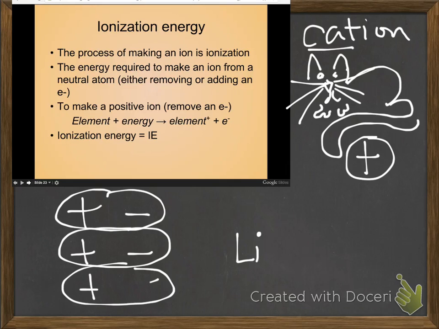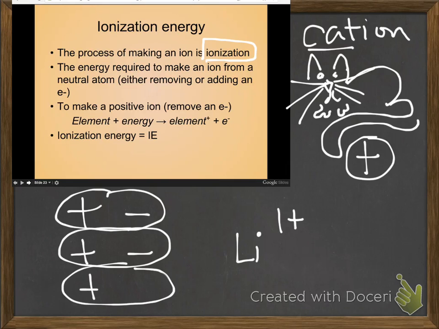When we lose an electron, now we have a net positive charge. And so this is now a lithium 1+. So however many electrons you lose, if you give up 1 electron, you become 1+. If you give up 2 electrons, you become 2+. You get that. I just wanted to make sure we had a good foundation there. So when we talk about making any ion, the process is ionization. The process of making any ion is ionization.